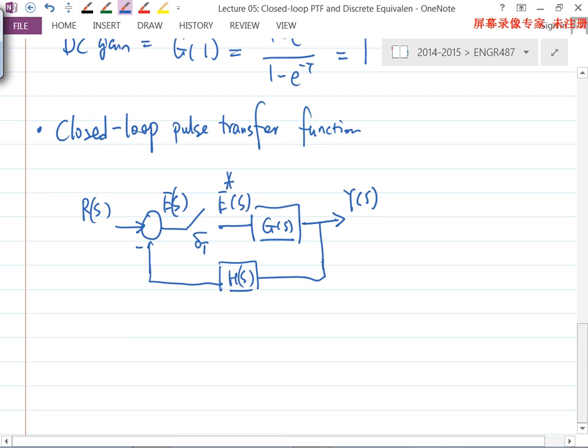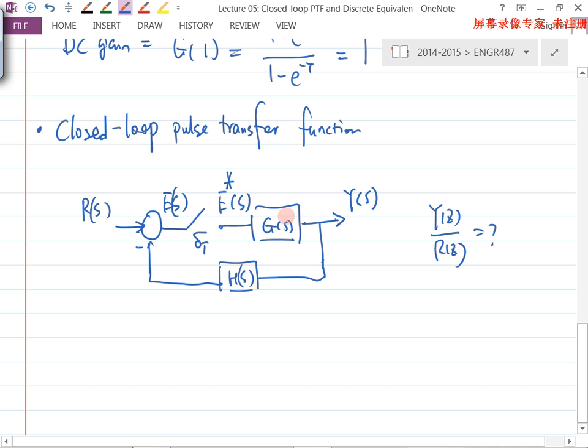So what will be the pulse transfer function for this closed loop system? In other words, what you're looking for is Y of Z over R of Z. The confusing part a lot of the time is, where is Y of Z?